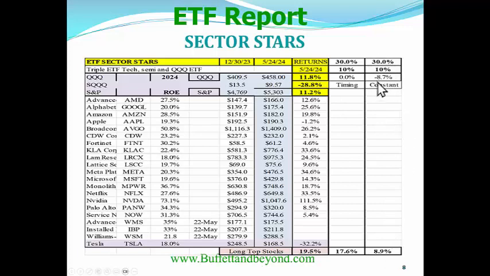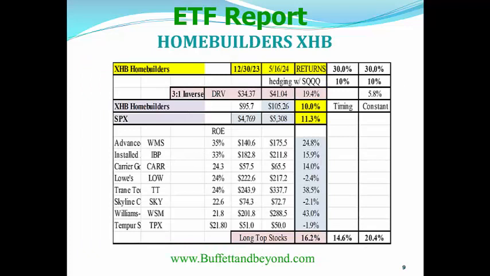But we took a lot of volatility out, and we don't have to worry about putting hedges on and taking them off again. So that's a very, very nice place to be, folks, using these inverse triple ETFs, is what they're called. And again, they were invented because we're not allowed to go short in IRAs or other qualified portfolios. Now let's look at the home builders.